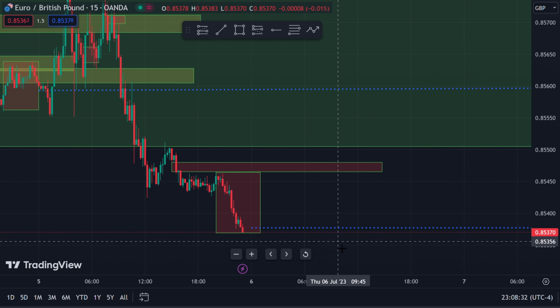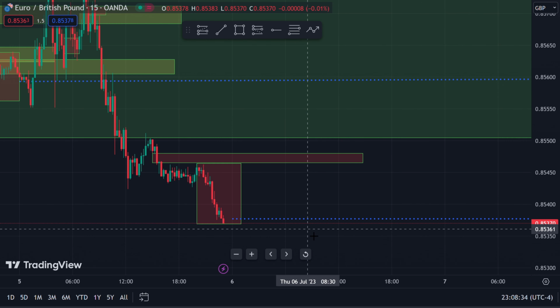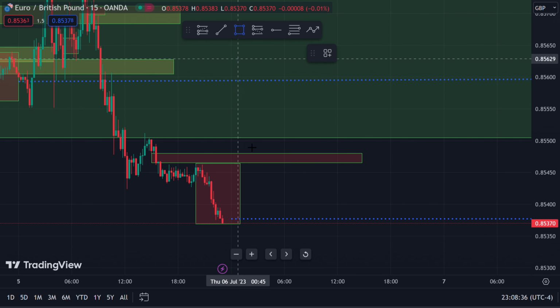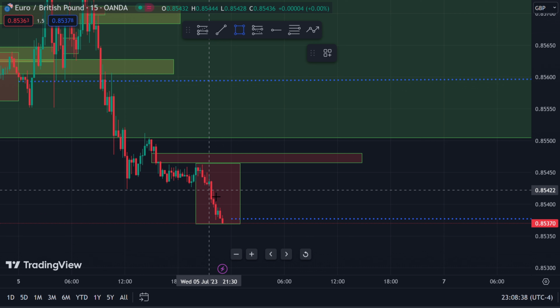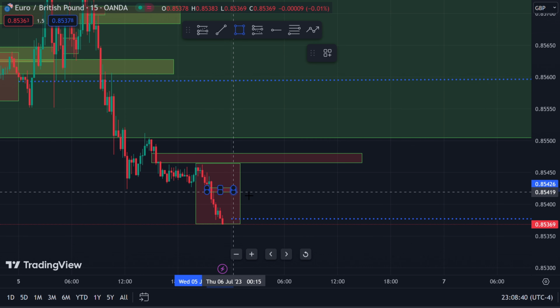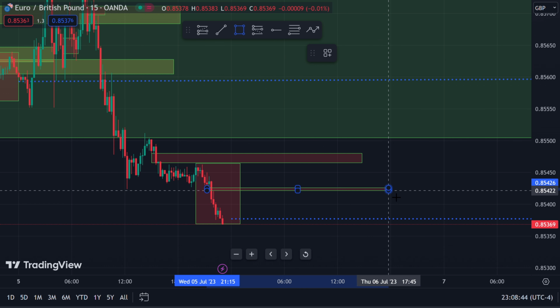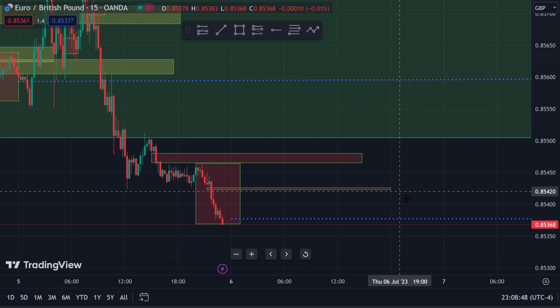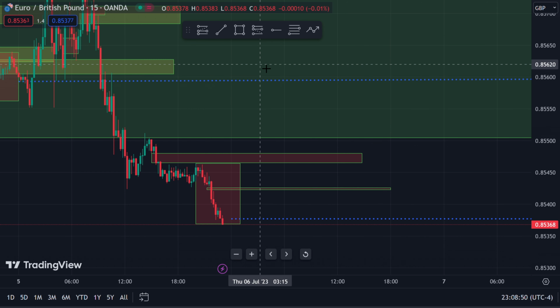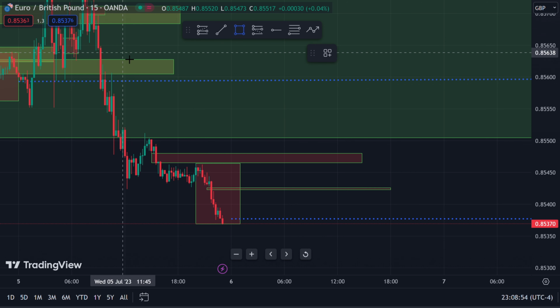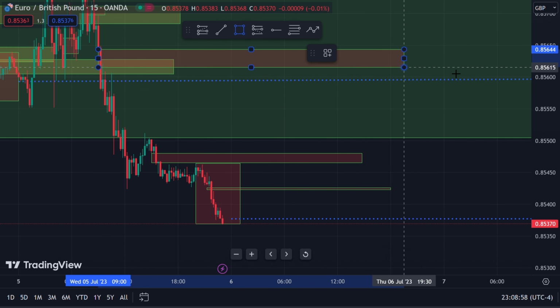Okay, what's another thing to do? We mark another fair value gap right here. That one. Mark also this one, though it's the recent one.